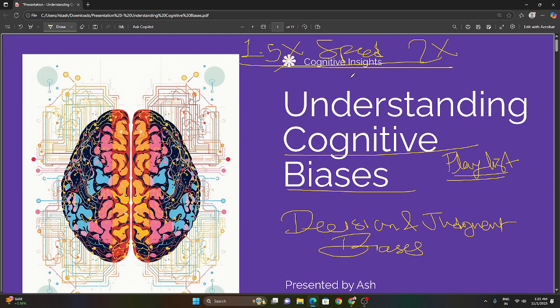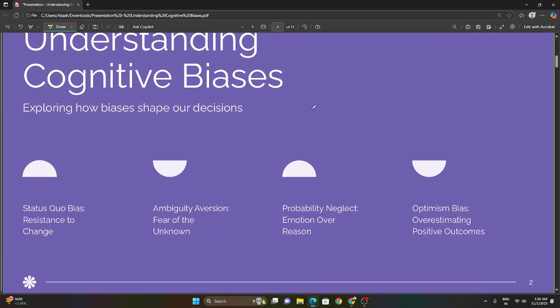So let's go. What are decision biases? I want to give you one thing: we don't make decisions like rational calculators. We prefer the familiar, fear uncertainty, and let emotions distort probability. Understanding the cognitive biases, exploring how biases shape our decisions.